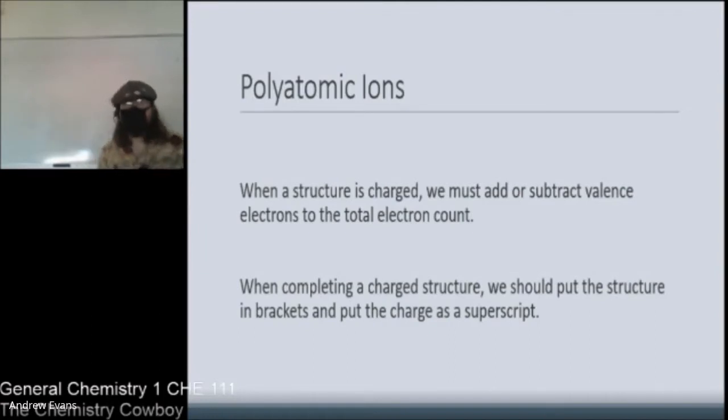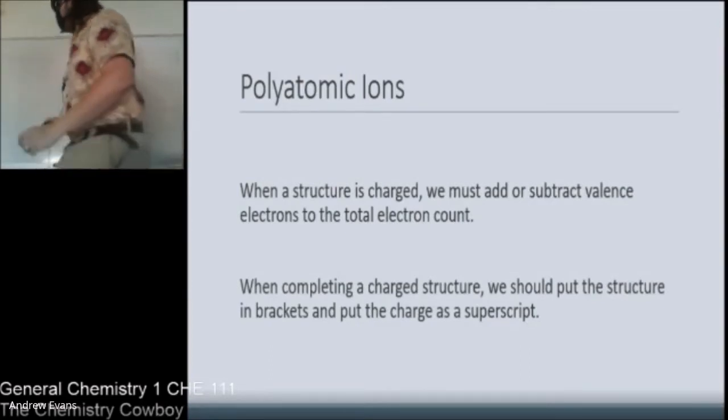And so we would draw the structure with 8 electrons instead of 7. And when you finish the structure, typically we put this structure in brackets with the charge as a superscript out front, because we're not saying which of these electrons is the extra. We're just saying the structure is charged.